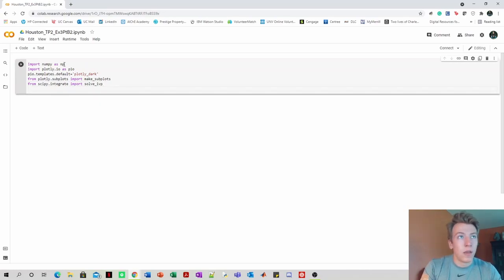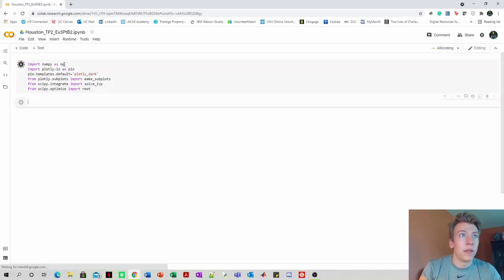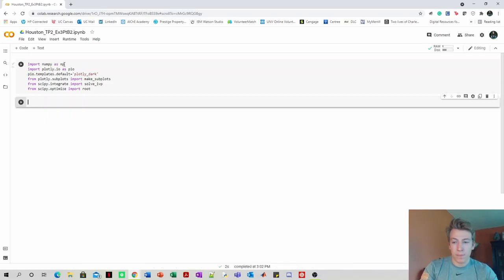And then lastly, from scipy.optimize, this is going to calculate any roots of the value problems that we give based off of the vector functions. So from scipy.optimize import root. So I think that should be good. Make sure it runs okay. All right, we're good.